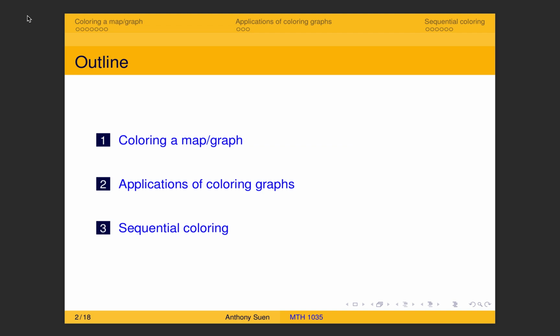So you will see it. We have some applications, and then I will tell you a method for doing the coloring, which is called sequential coloring. This is like an algorithm for coloring a graph. So that is the focus for this chapter, and I will do it one by one.